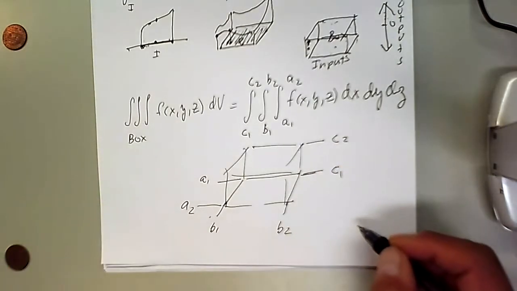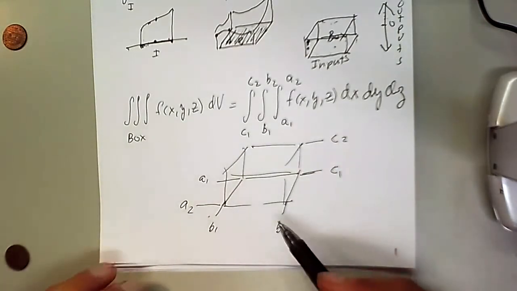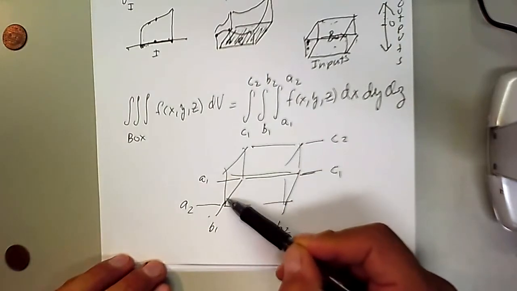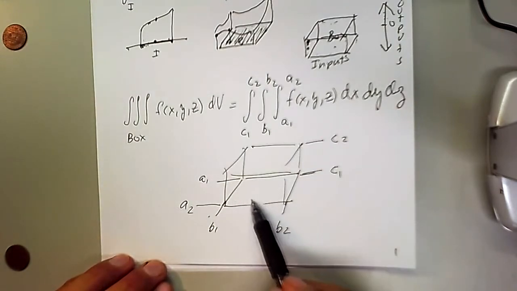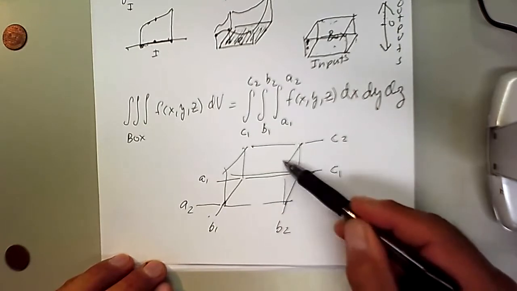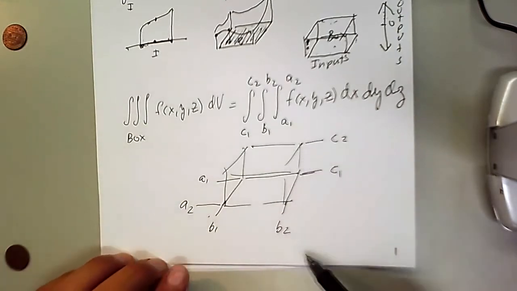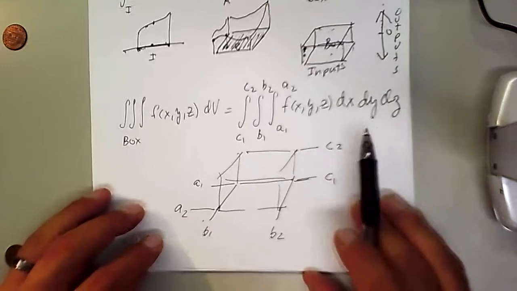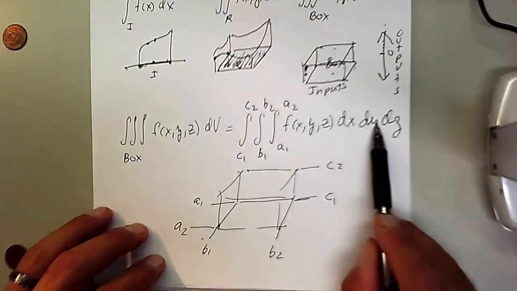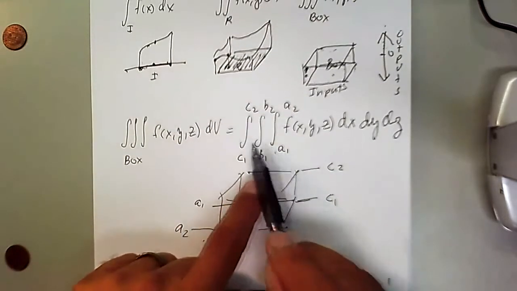So just be aware that's what we're doing: X, Y, and then Z. And when we have a box, we can exchange those as long as we exchange them accordingly.